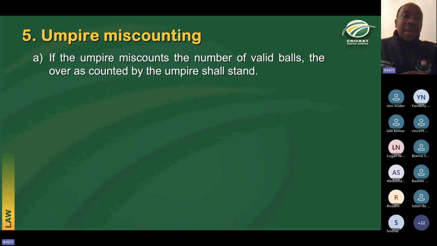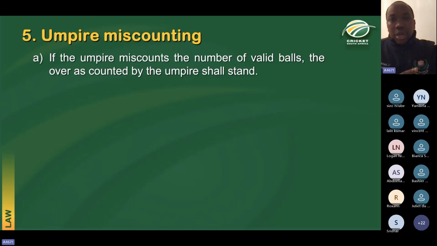What happens if umpires miscount? The law tells us that if the umpire miscounts the number of valid balls, the over as counted by the umpire shall stand. So if we play 5 legal deliveries in the over, and we call over and don't realize that we only allowed 5 legal deliveries to be bowled, then that will be the end of that over.